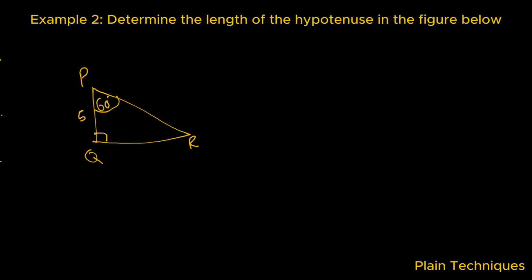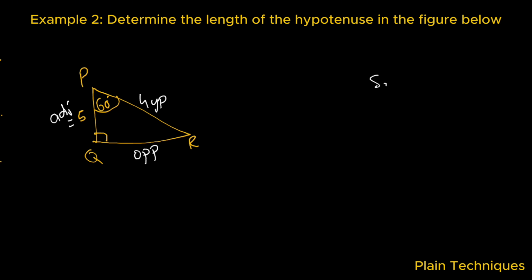All right. What do we know? We know that this is my hypotenuse, this is my adjacent, and this is my opposite. Why? Because this is directly opposite to 90 degrees, and this is directly opposite to my angle. I'm going to put down my trigonometric ratios.